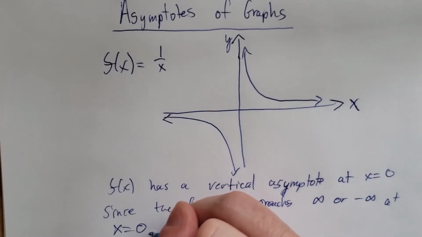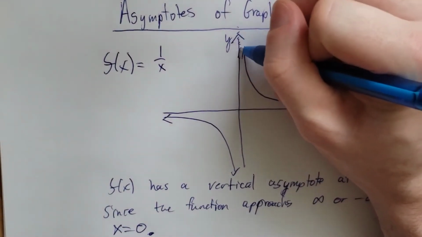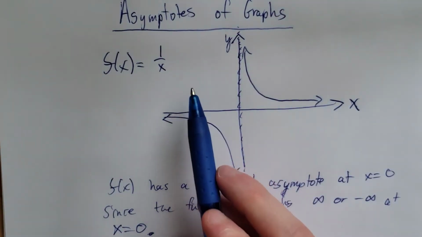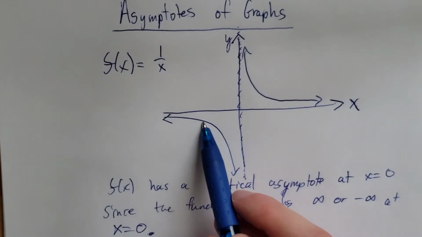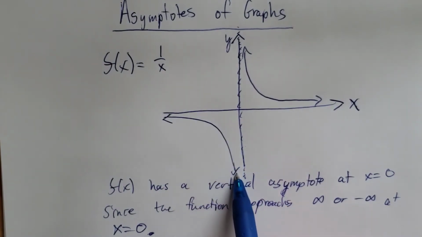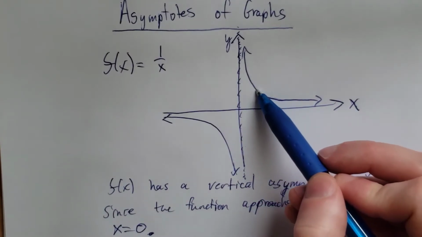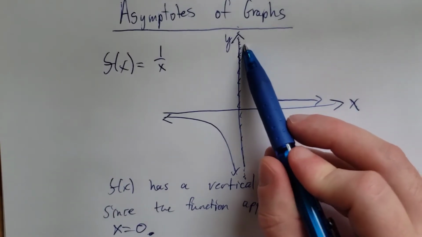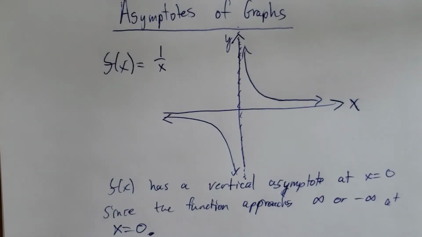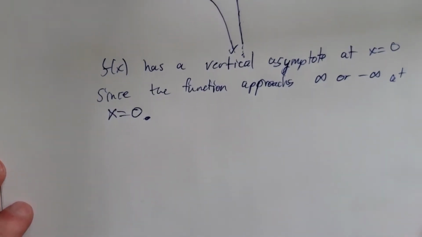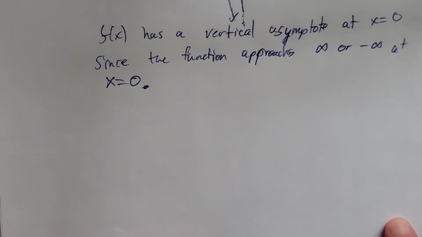Right? So we see here that we have this vertical asymptote, and as x approaches 0 from the left, our function goes off towards negative infinity, and as x approaches 0 from the right, the function y value tends towards positive infinity. And in fact, that's actually how we define a vertical asymptote here.